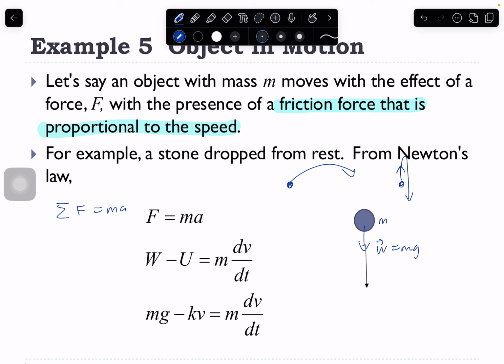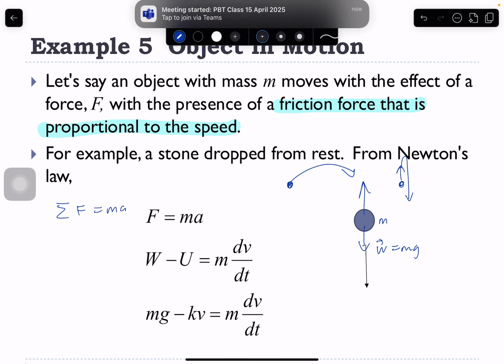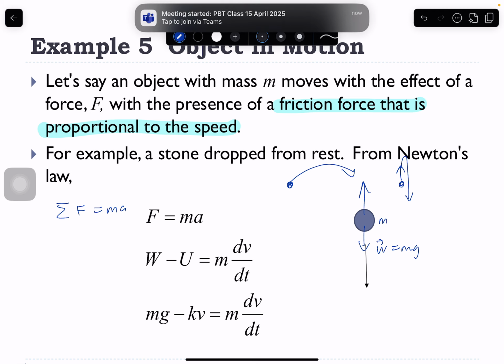So what are the forces that you have when you throw the object, when you throw the stone? So we have friction force, and it always moves opposite of the movement. So when the object moves upward, the friction moves downwards, Fg.